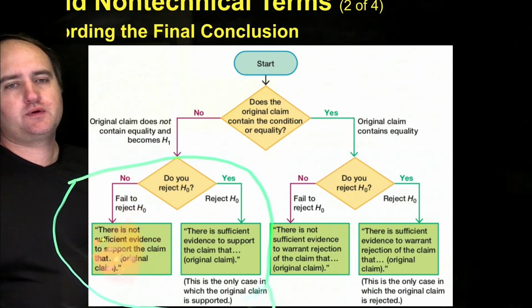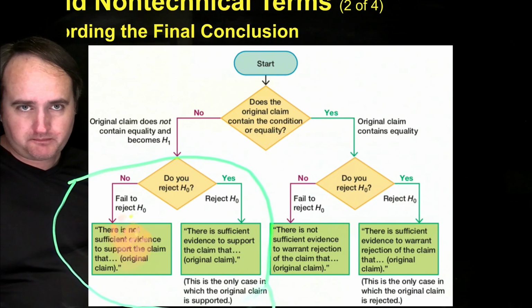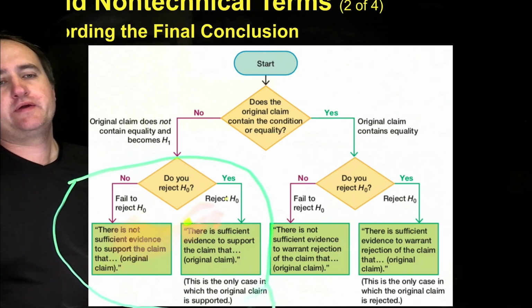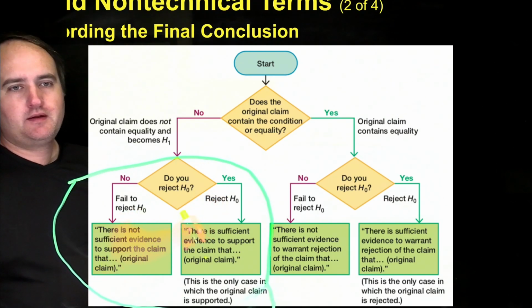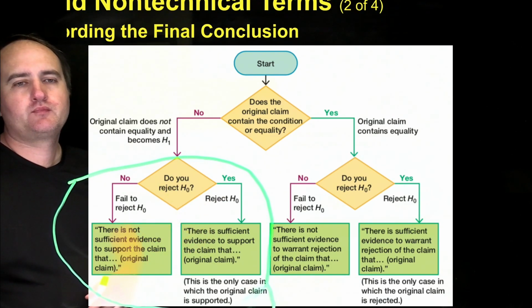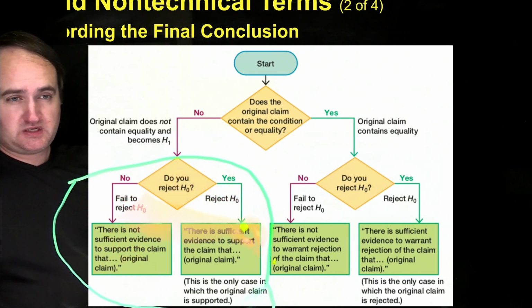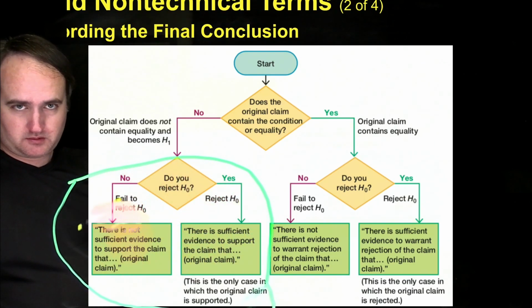Either there is not sufficient evidence to support the claim, that would be where we fail to reject H0. That's the case that we just saw. Or if we reject H0, there is sufficient evidence to support the claim. Like I said, for our course, this is the only part that we're going to have to focus on.